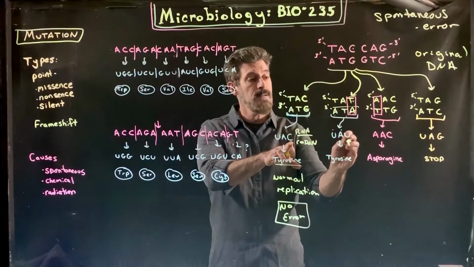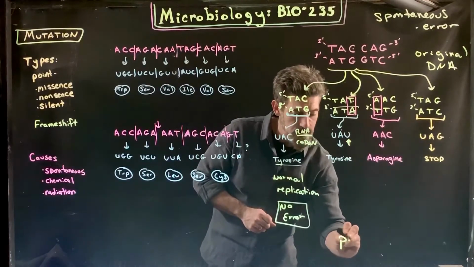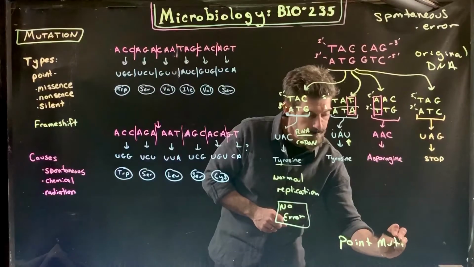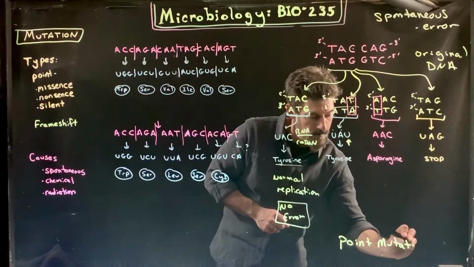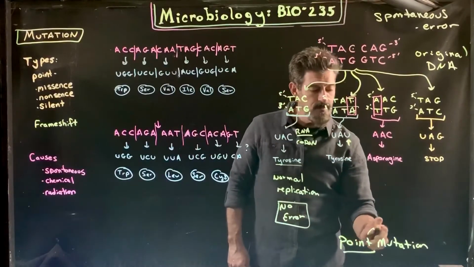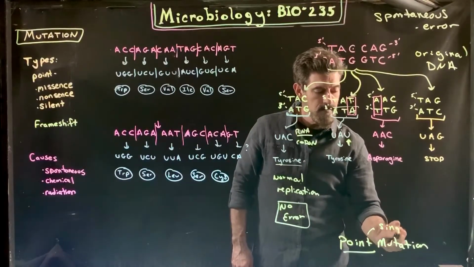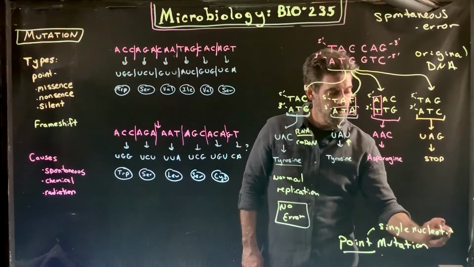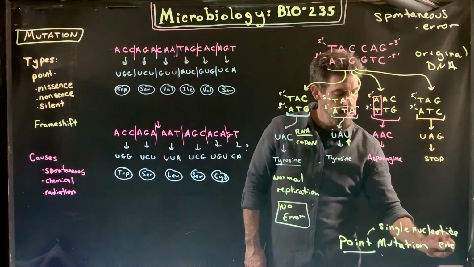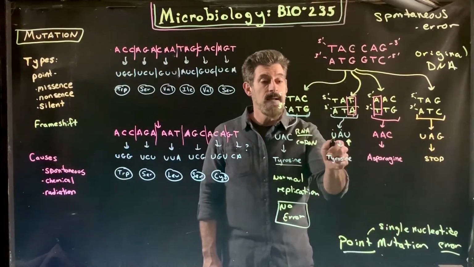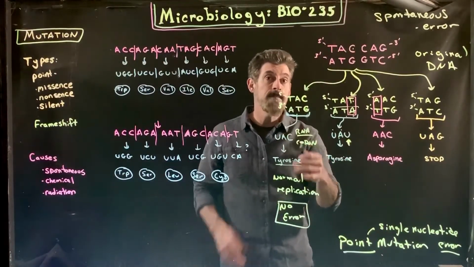So that is then called a point mutation. So a point mutation with a single nucleotide is an error. Okay. So in this case, it's this particular one. So now it's read as UAU instead of UAC.